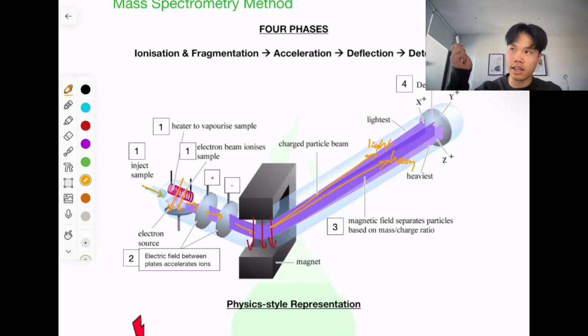And by scanning this whole spectrum over a detector, you can find what fragments occur at what level of abundance. So if there's more of it, there'll be higher abundance, and if there's less of it, you would have less abundance.